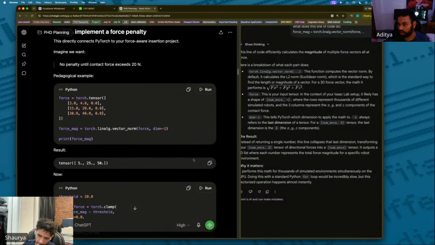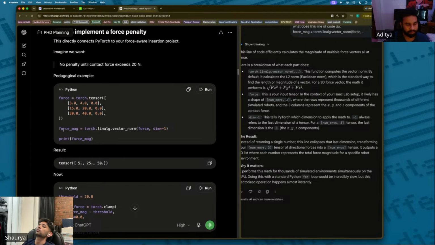I understand that basically the tensor is going to be for each robot, and this is going to be the force on X, Y, and Z, the three-dimensional force for each robot.